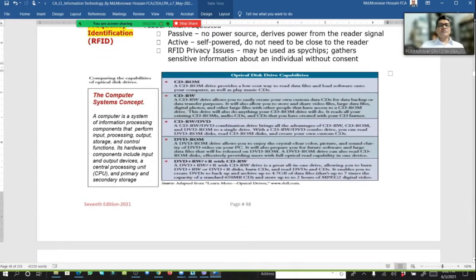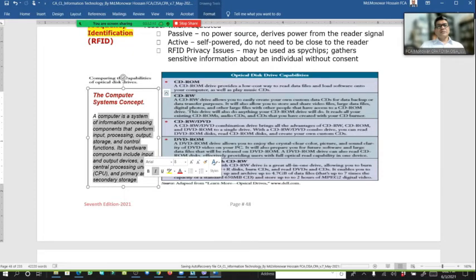So the computer system concept, we can say very shortly here. A computer system is an information processing component that performs input, processing, output, storage, and control functions. Its hardware components include input and output devices, a central processing unit, CPU, and primary and secondary storage.